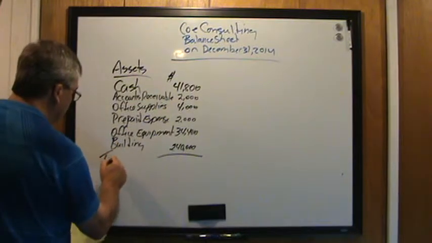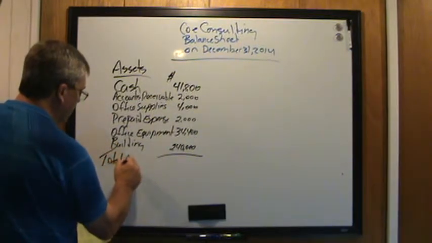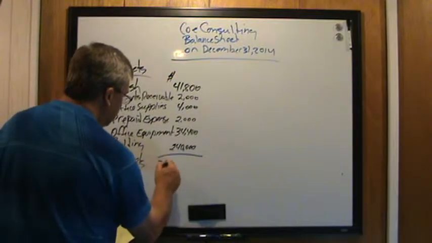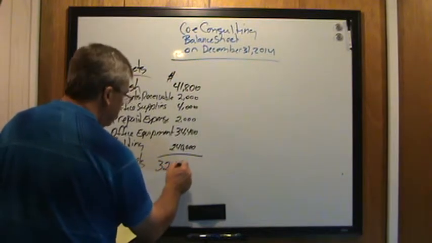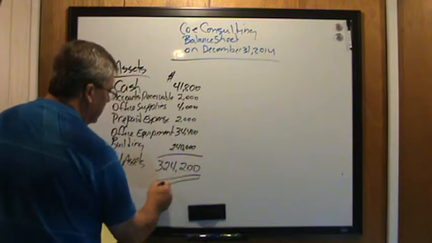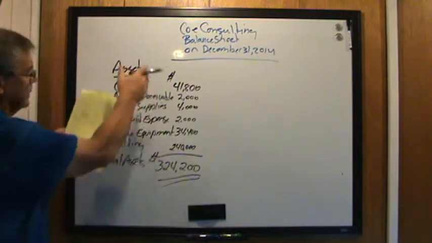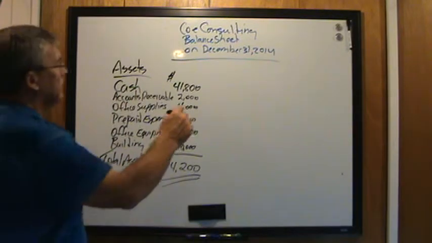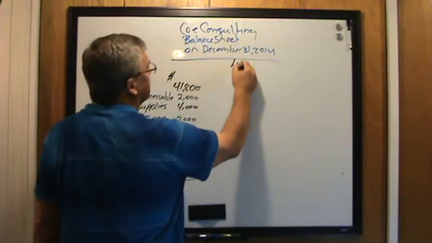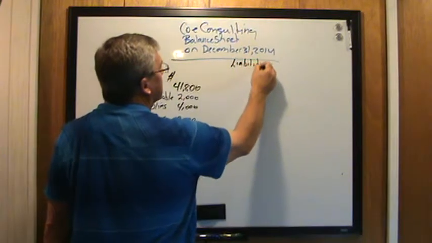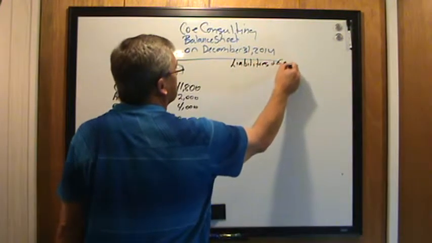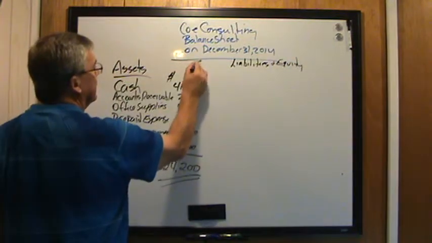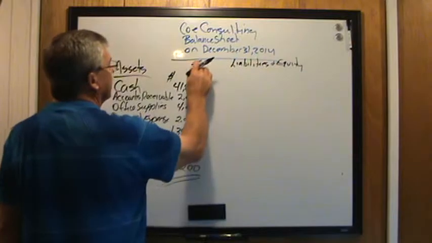So total assets, $324,200. Double underline, dollar sign at the end of the single column here. Liabilities and equity. Right? This is the equation. Assets equal liabilities and equity.